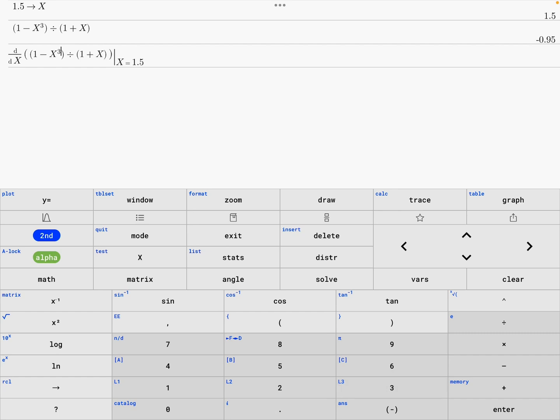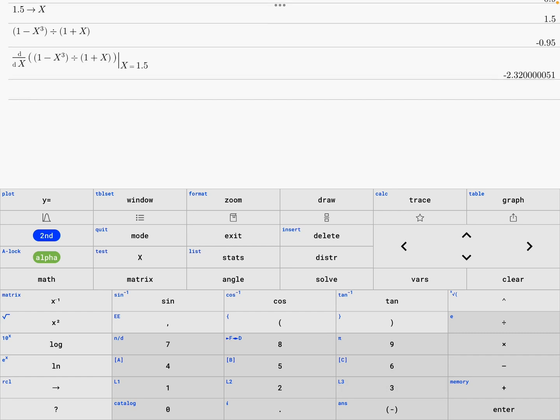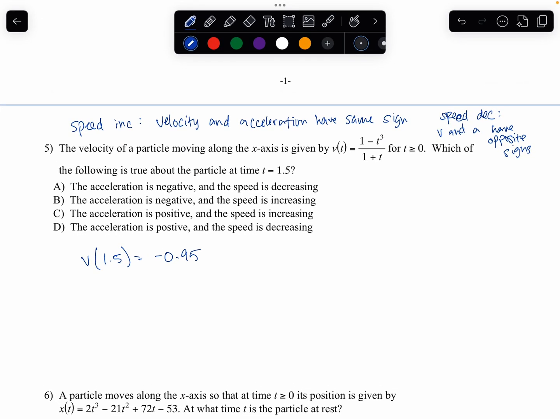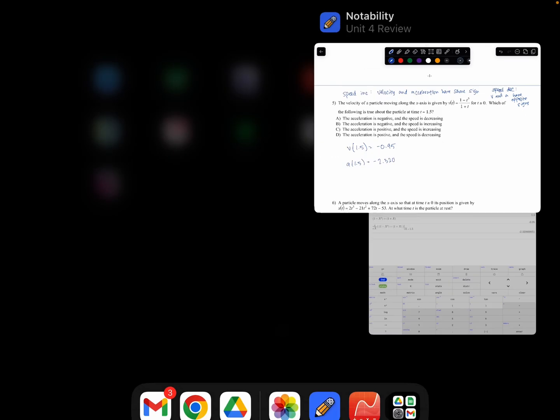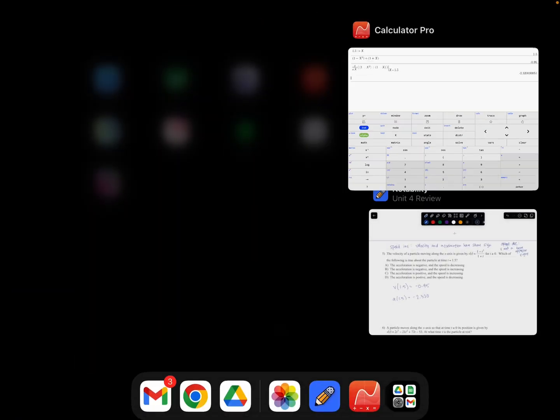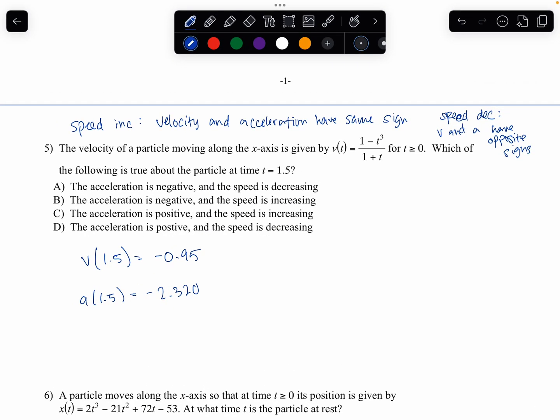I think I outsmarted that. Sweet. Okay, so then I get that the acceleration at 1.5 is negative 2.320. So a of 1.5 is equal to negative 2.320. Is that what I said? Okay, so both are negative. That means speed has to be increasing, and acceleration is negative, so it has to be b right there.